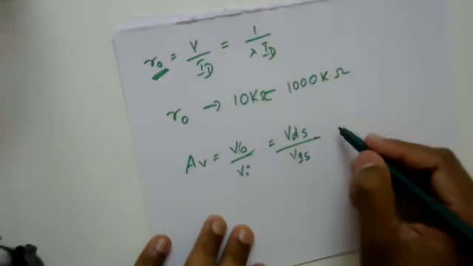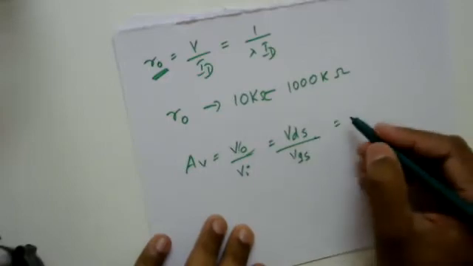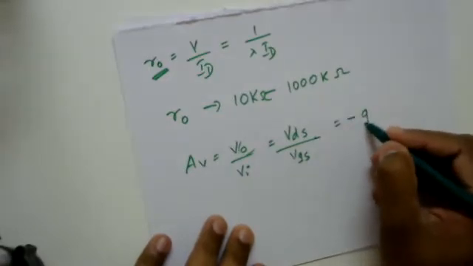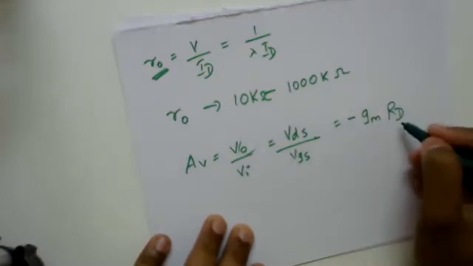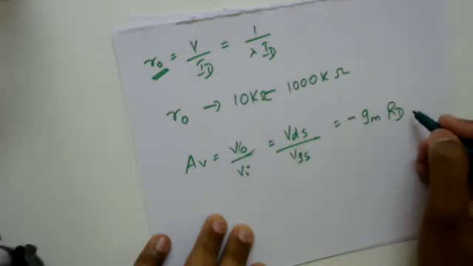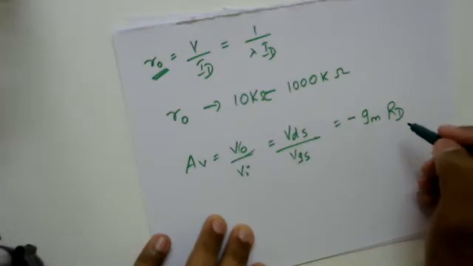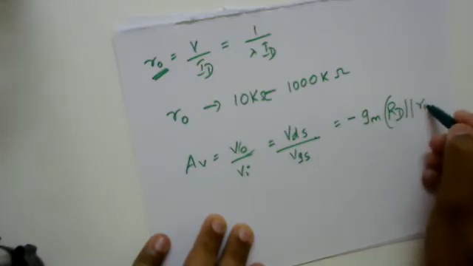In the previous case I was able to get an expression of minus gm times RD. But now I have added some more resistance into my circuit, wherein my RD is standing in parallel to my R0.